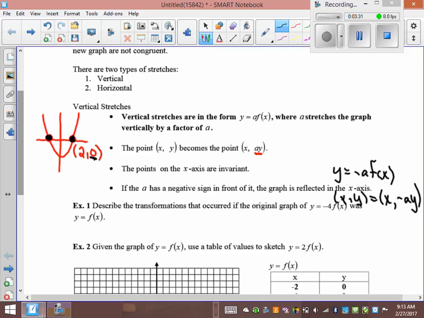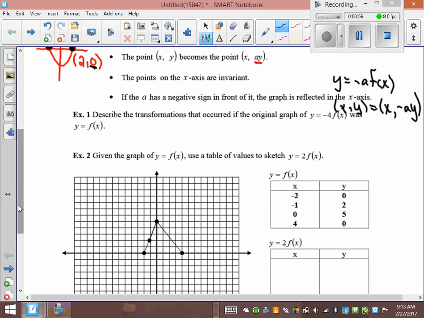That's all that would happen. And these would still remain invariant, because if I multiplied this by a negative value, it would still stay 0. The only way this wouldn't remain invariant is if I put a vertical translation on it, because then it would shove it up or down, right? So if there's a vertical stretch or a reflection in the x-axis, your invariant points are going to be on the x-axis.